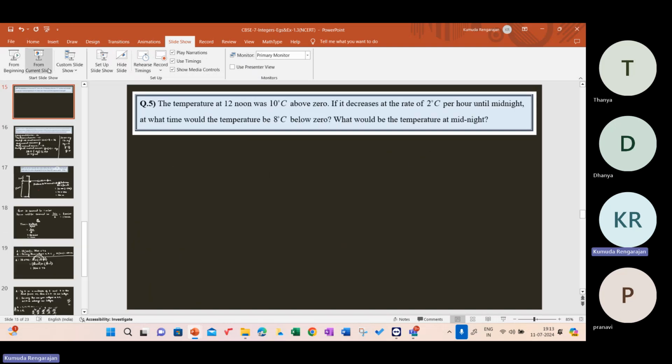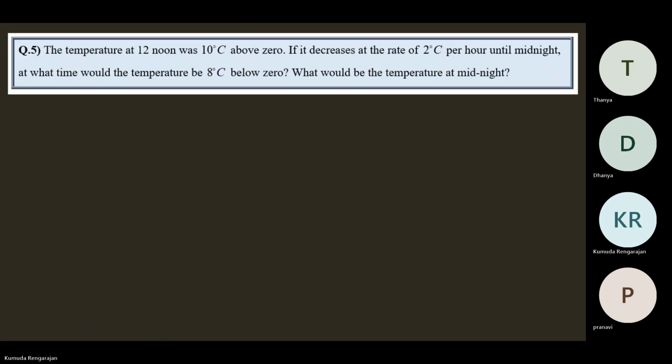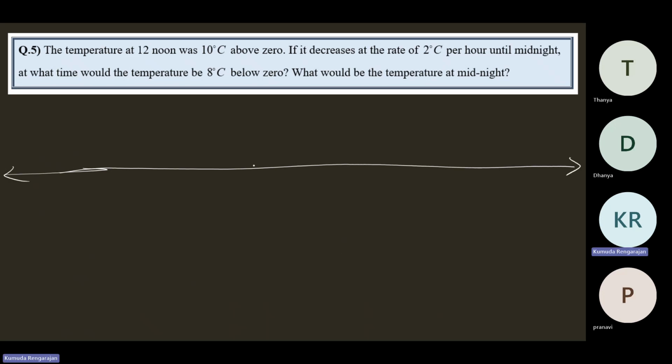Let's try this one. The temperature at noon was minus 10 degrees Celsius above zero. So let's just take a number line. We'll mark 0 degrees Celsius, 2, 4, 6, 8, 10, 12 degrees.